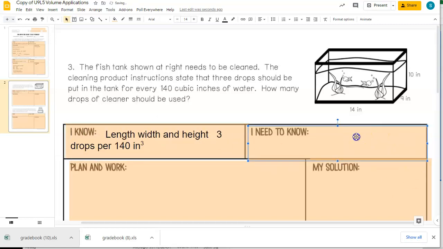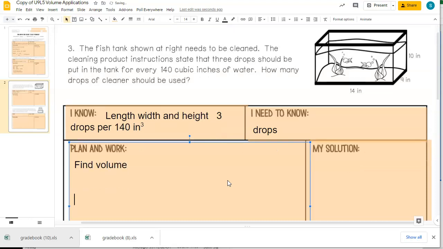Now, what I need to know is the number of drops. We're going to set this one up a different way because it's still a conversion, but we're going to look at it as a proportion and see if that makes it a different way for you to do it. So first, let's find our volume. Then use proportion to find the number of drops.